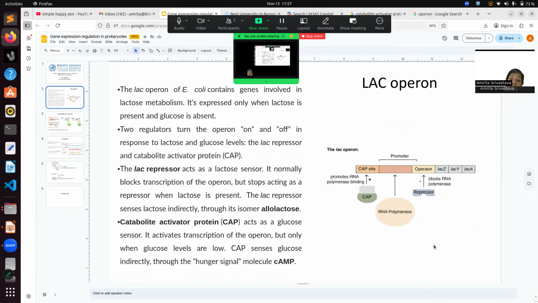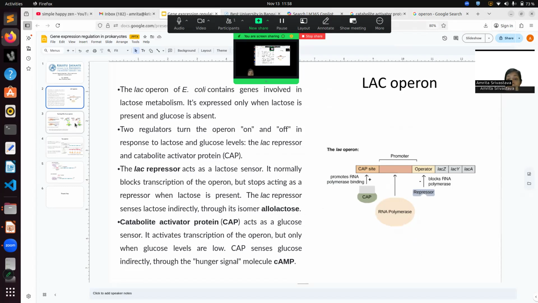Just for revision, when glucose level is low, CAP is activated and binds to the CAP site, and it promotes the operon's transcription. On the other hand, when lactose is present, that also has a similar effect. It will inactivate the repressor and cause the transcription of LacZ, LacY, LacA to produce enzymes for metabolization of the lactose.